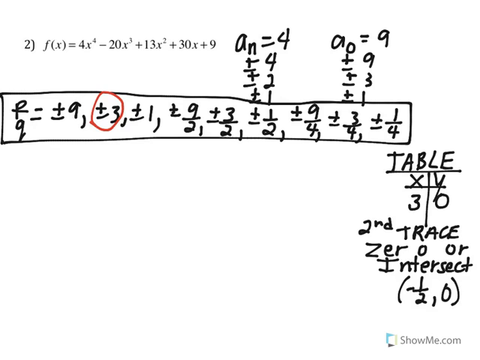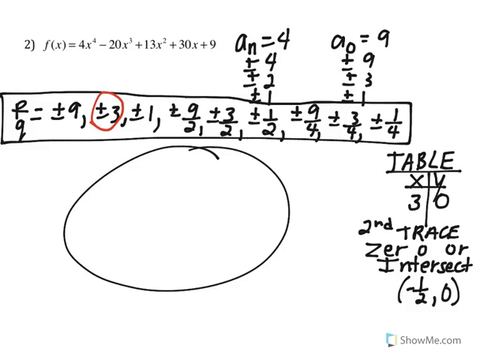So I'm going to use the next slide to do the synthetic division with both of those values and talk about how to factor that. You can do the work in the space that you have right underneath here. Okay, so we're going to start with 3. The factor that goes with 3 is x minus 3.